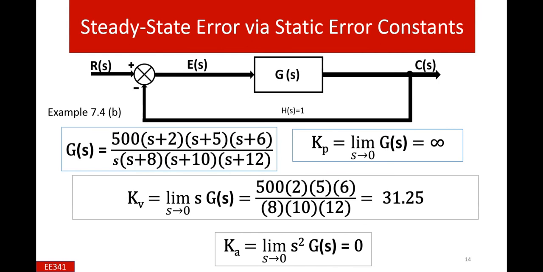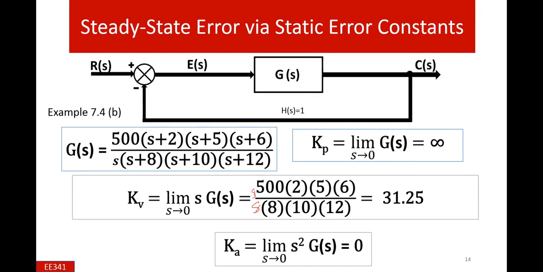Similarly, if we want to find the value of the velocity error constant, then according to the definition it is s times the open loop transfer function, and this s is cancelled out with the 1 over s, and the whole thing becomes some constant value as s approaches 0. A similar case is when we want to find the acceleration constant, which is s squared times the open loop transfer function.